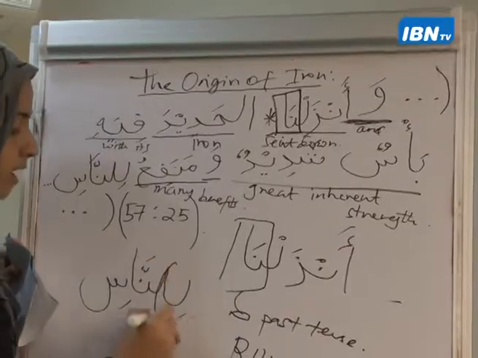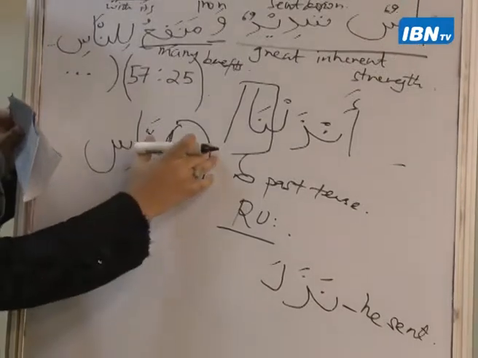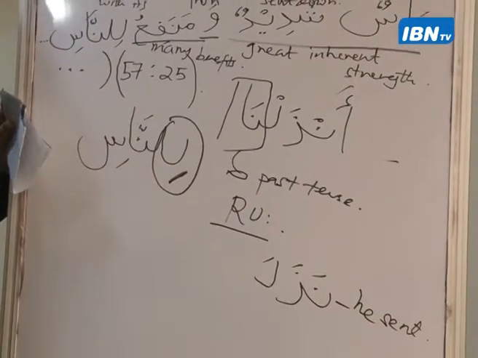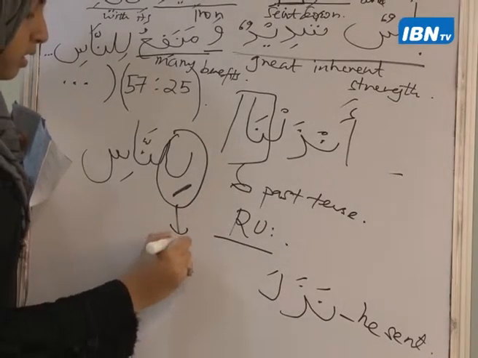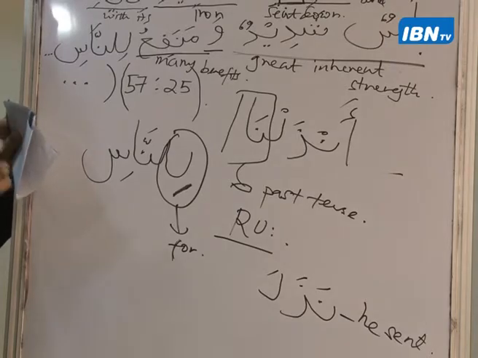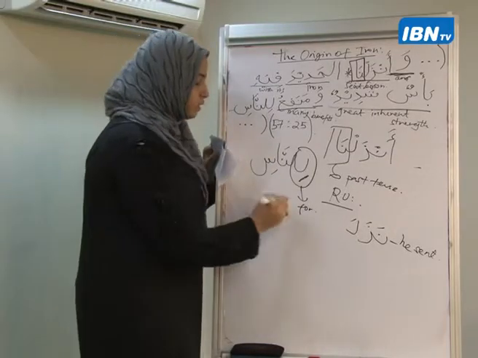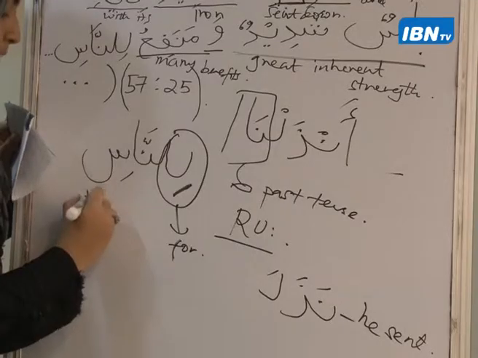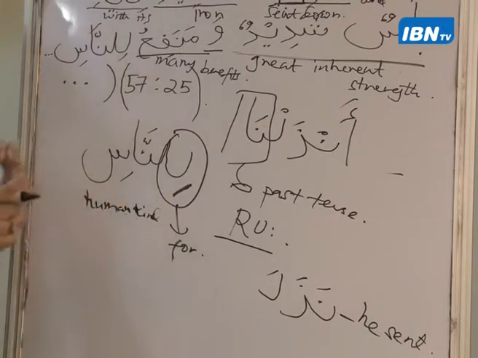That letter is lam, like li. Li means for. And you notice that the object here is nas. Nas means mankind, for mankind, okay? So this is for humankind or mankind, same thing, right?